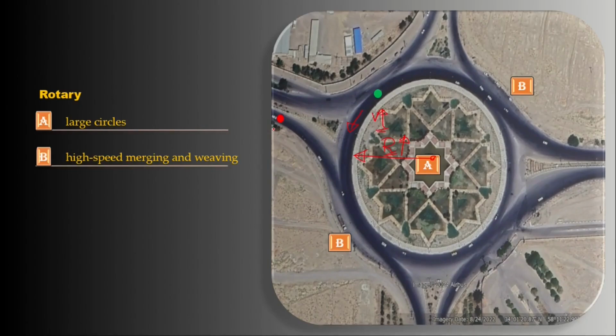Entering traffic also has the chance to gain higher speed on this length, if they're not already entering the circle at higher speed in the first place due to the large diameter of rotaries.